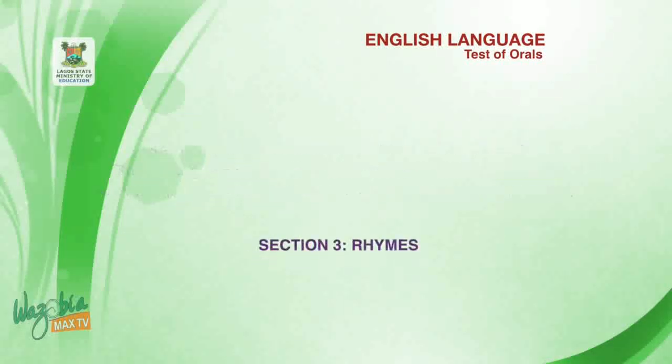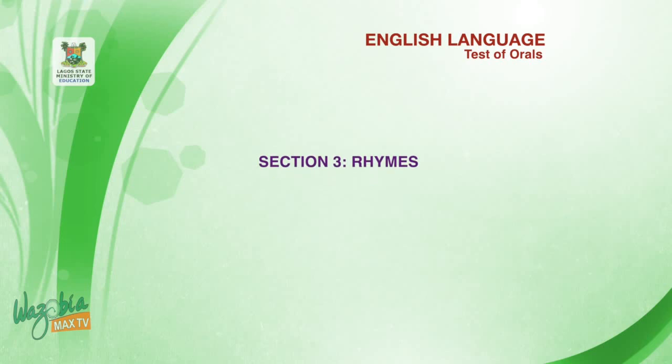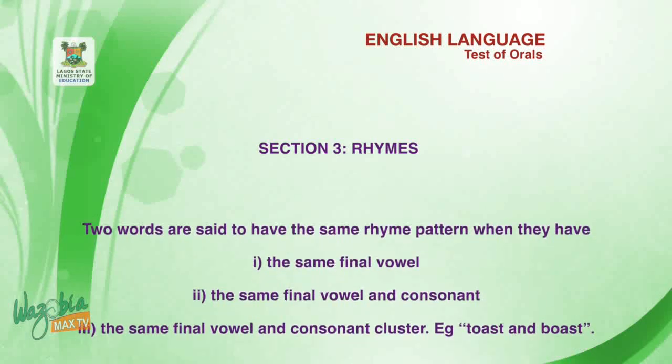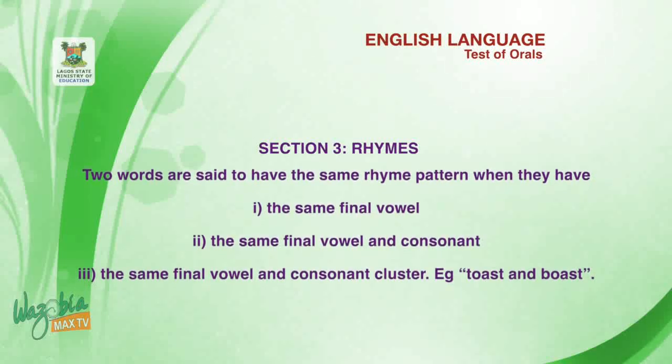Section 3, rhymes. 2 words are said to have the same rhyme pattern when they have 1, the same final vowel, 2, the same final vowel and consonant, 3, the same final vowel and consonant cluster, e.g. toast and boast.